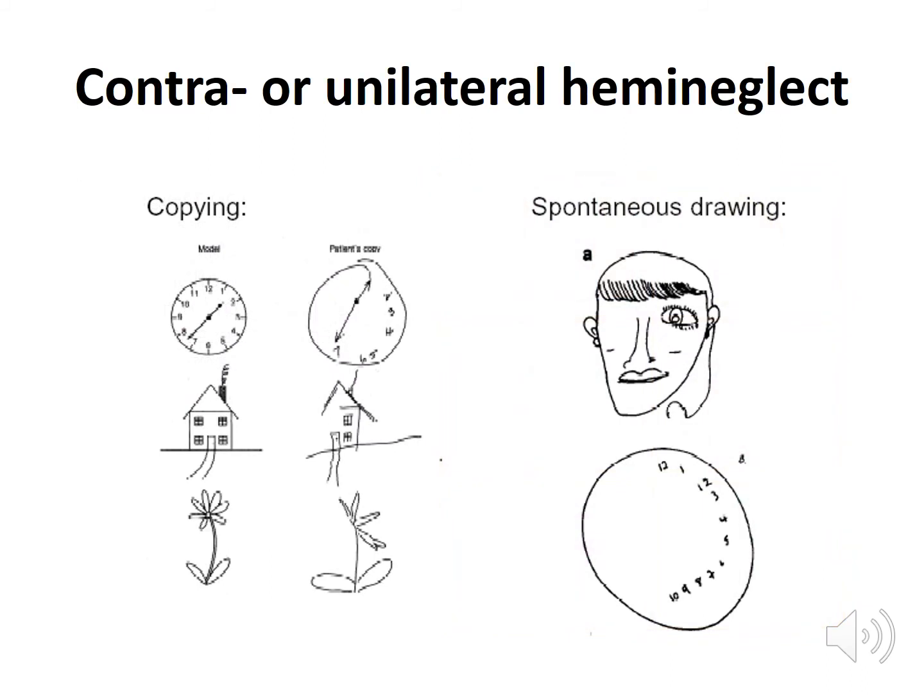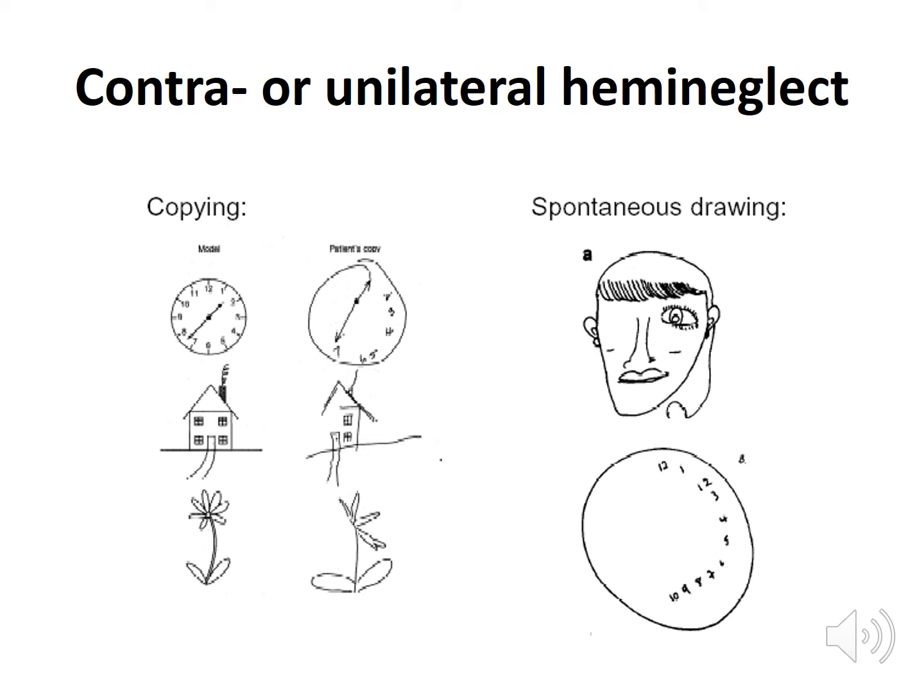So here's another example of a study that looked at the contralateral or unilateral hemi-neglect. You can see that copying resulted basically in only attention towards one side of the model which was supposed to be copied.